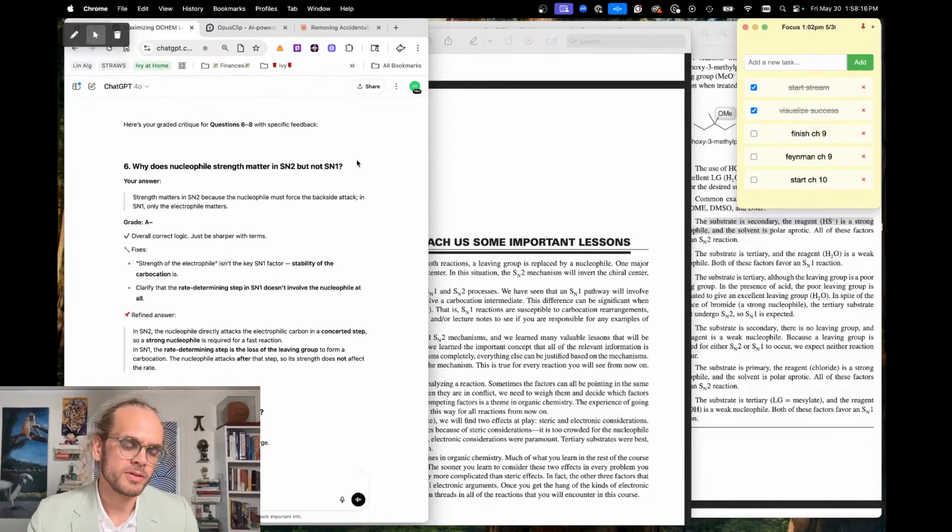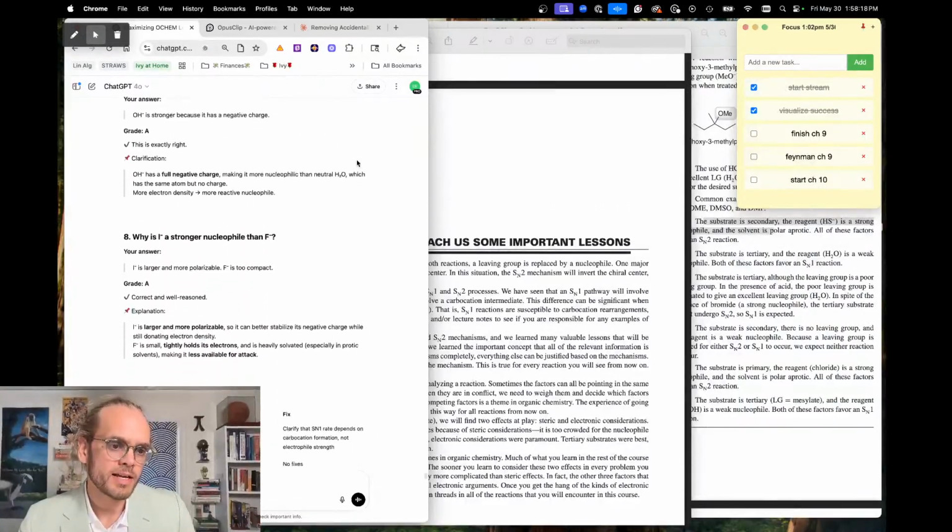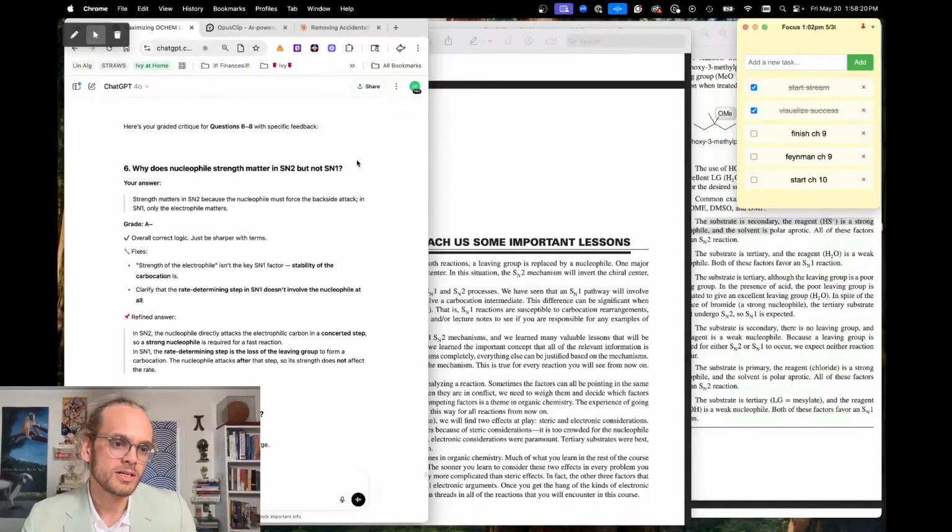But yeah, very helpful. Oh, I did way better on these. A minus, A. I hope maybe it just was, okay. Strength of the electrophile isn't the key SN1 factor. Stability of the carbocation is. Okay. Rate determining step in SN1 doesn't involve the nucleophile at all. Got it. It's a concerted step in SN2.